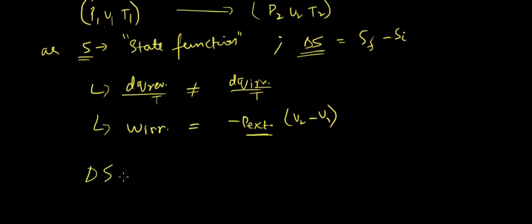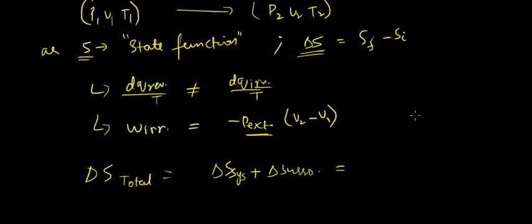So we can write that delta S total, for the last case where we were seeing irreversible ideal gas expansion against some pressure, would be equal to delta S system plus delta S surrounding.